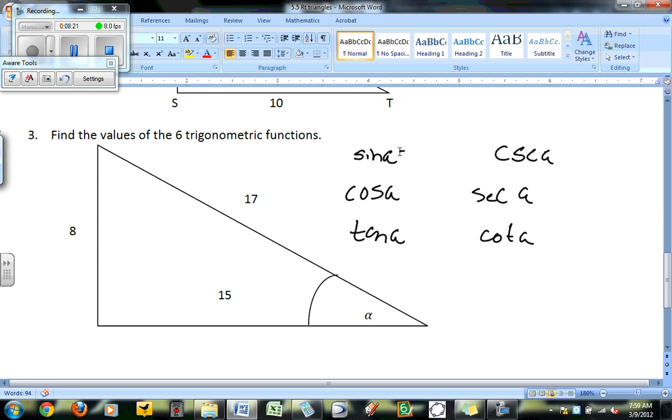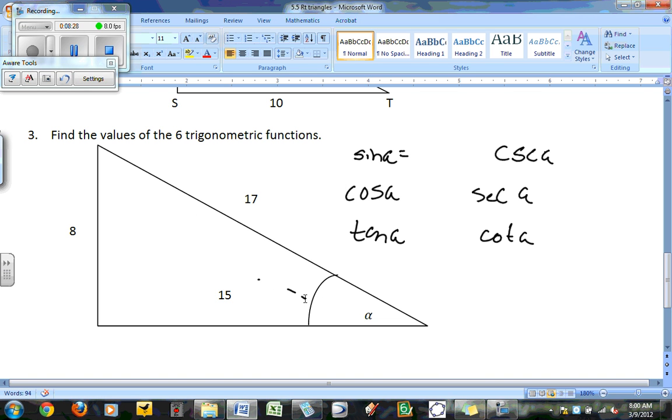And we know if we want to find these, sine is opposite all over hypotenuse, so sine of alpha is 8 over 17. And then we know that the cosecant is just the reciprocal of that, so that is 17 over 8.